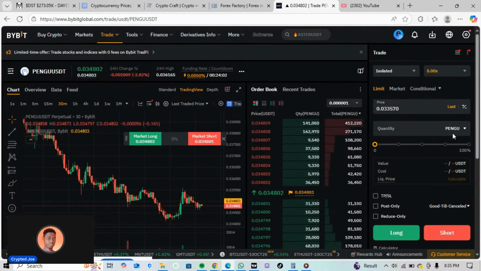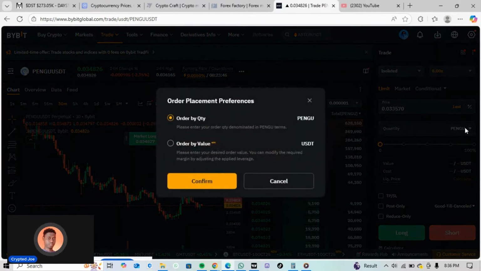Make sure that whatever you are seeing on the right hand side is not the name of the coin. For perfect risk management, you change it to order by value, which is USDT. You click on that small arrow down. You see order by value, not order by quantity.